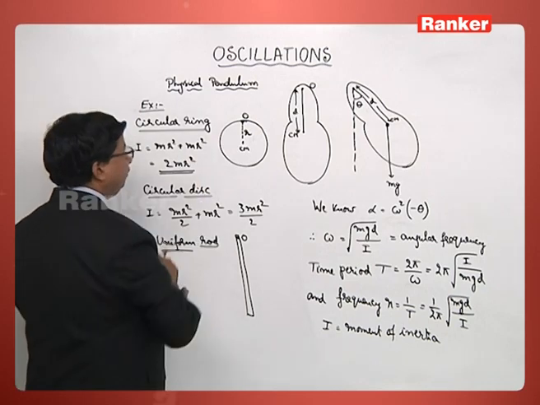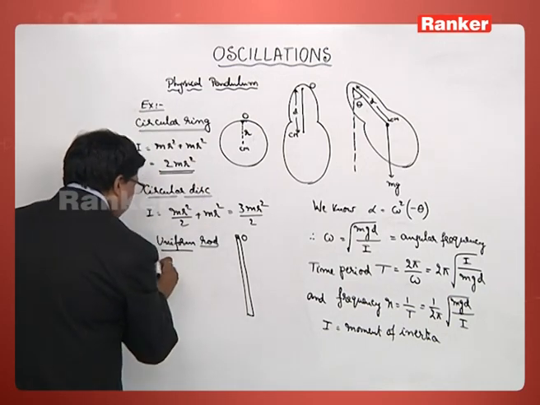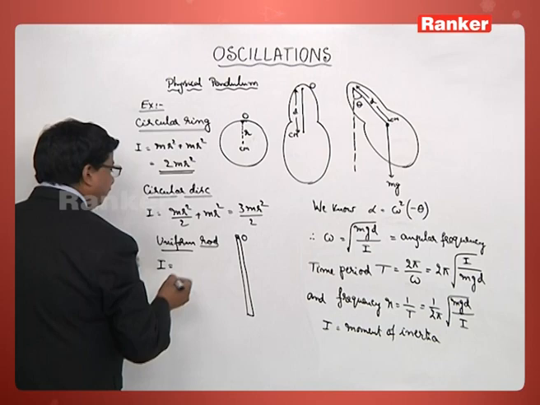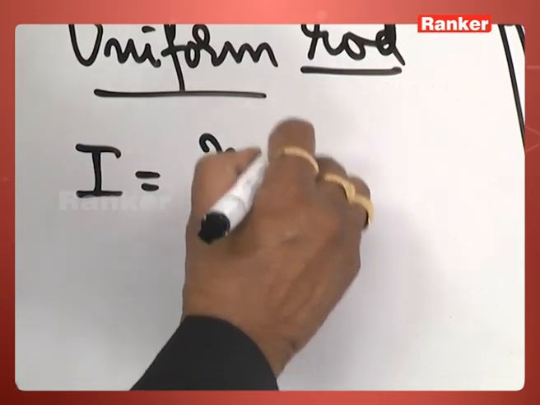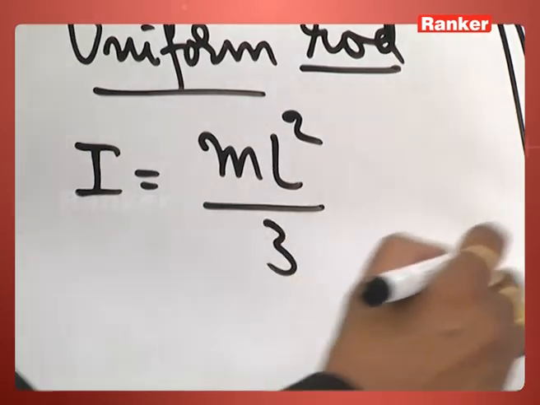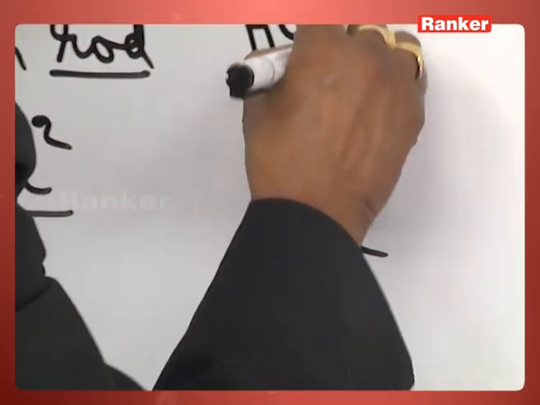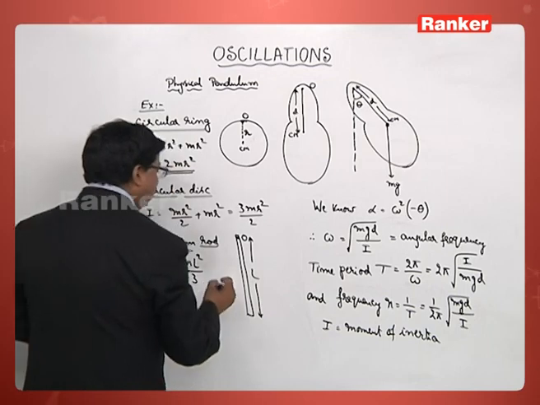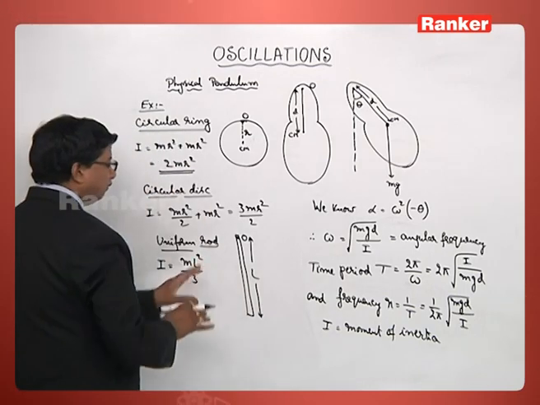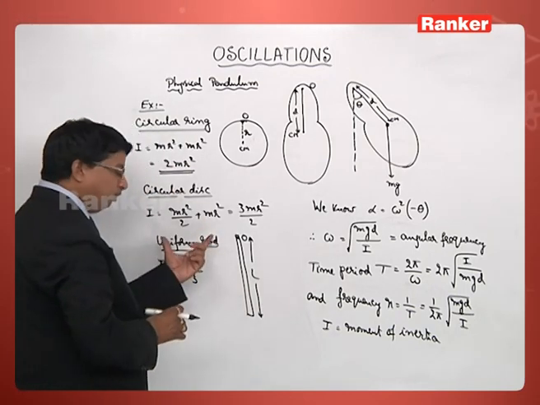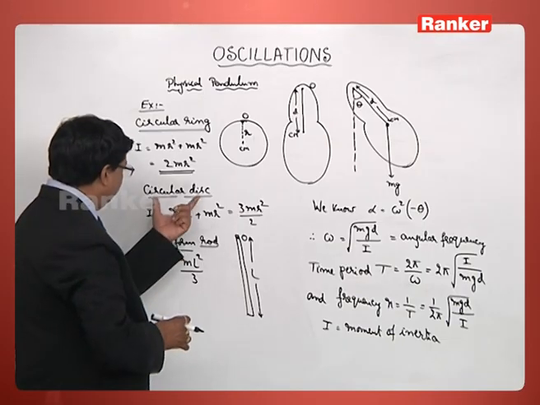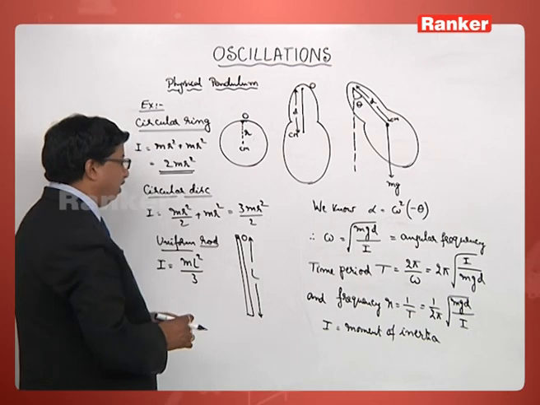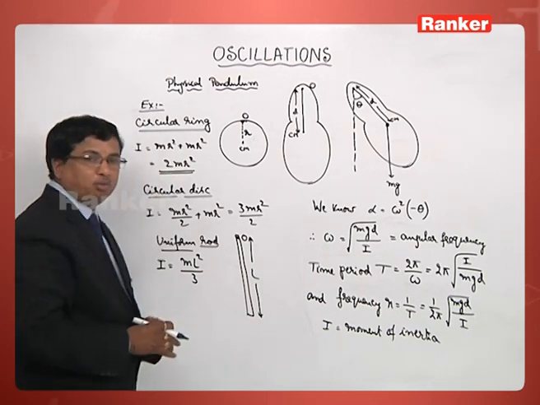That also becomes a physical pendulum. The moment of inertia in that case will be m l square by 3, where L is the total length of the rod and m is its mass. So for a uniform rod, I equals m l square by 3. For a circular disc, 3 m r square by 2. For a circular ring, 2 m r square.